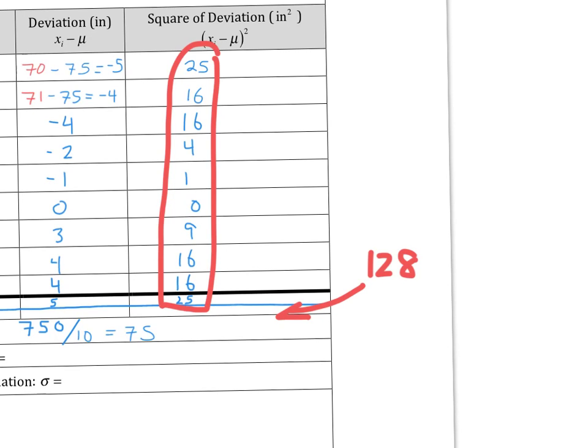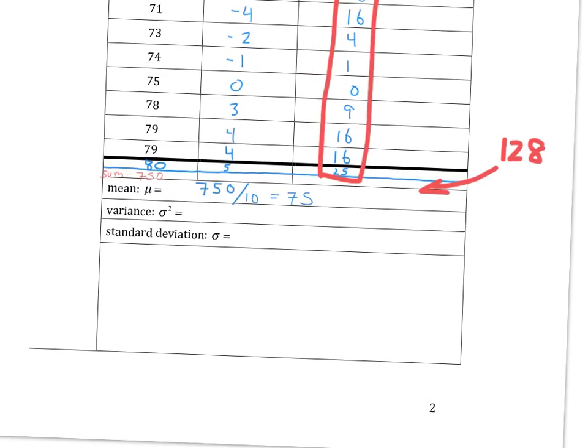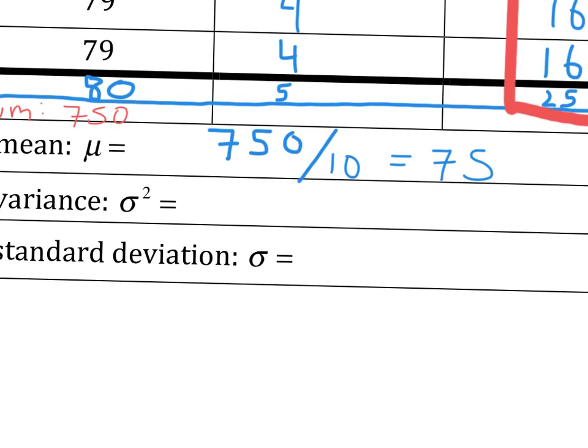All right, so we added up all the squares of deviations to get 128. So that's the 128 here. And we are going to divide by the total number of items, or the population in this case, with 10 players. So here we get exactly 12.8.